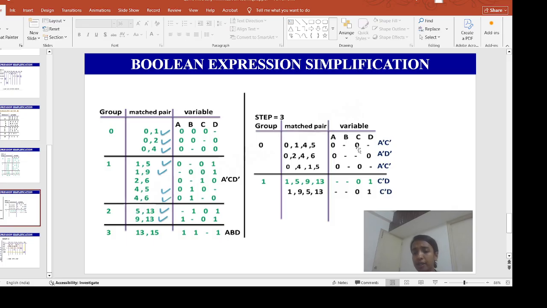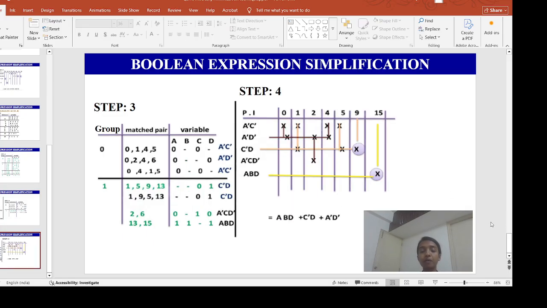So if you write the expression, this is A bar, C bar, this is A bar, D bar, this is A bar, C bar, this is C bar, D, this is C bar, D, because we don't have any expression for this underscore, right? So step 3 is completed.